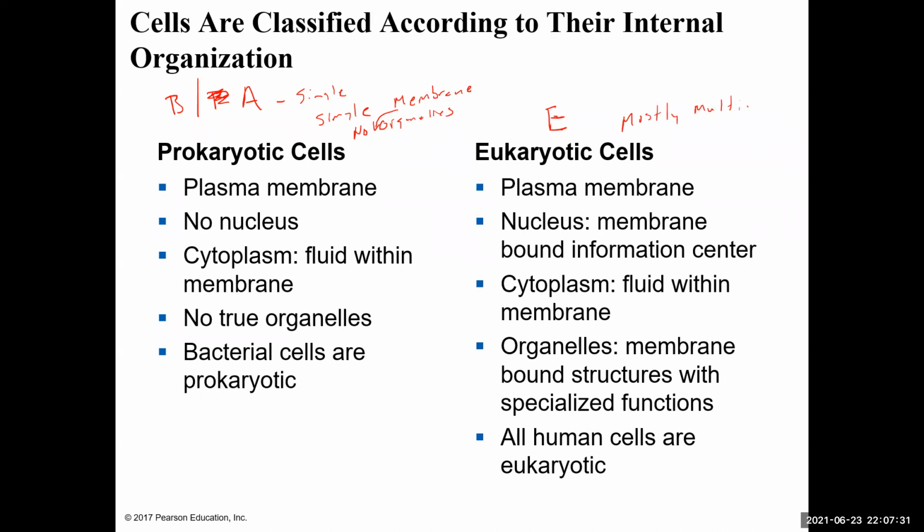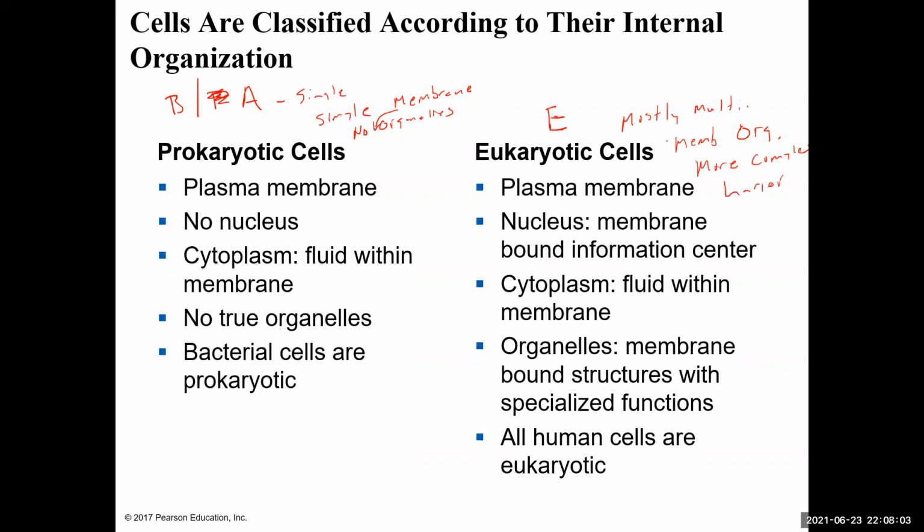Whereas eukaryotic cells, most of them are multicellular. There are some protozoans that are unicellular, but a majority of eukaryotic organisms are multicellular. They do have membrane-bound organelles, and they tend to be more complex and larger.